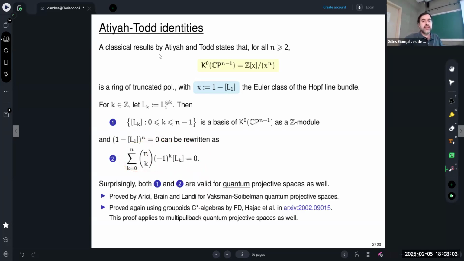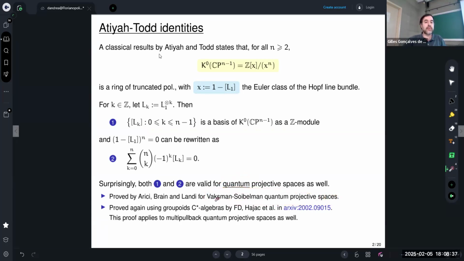What was surprising, at least for me and maybe also Tomek and Piotr, is that in a paper in 2015, Arici, Brain, and Landi guessed that these two properties remain valid for some class of quantum projective spaces, what are called here Vaksman-Soibelman quantum projective spaces.